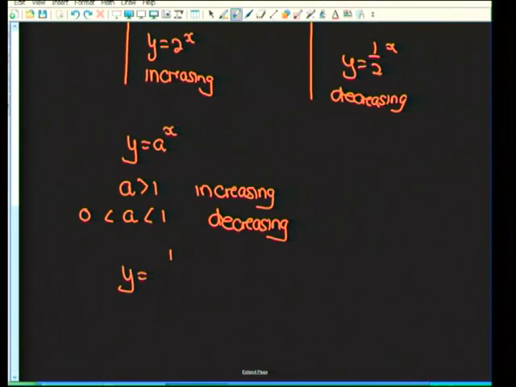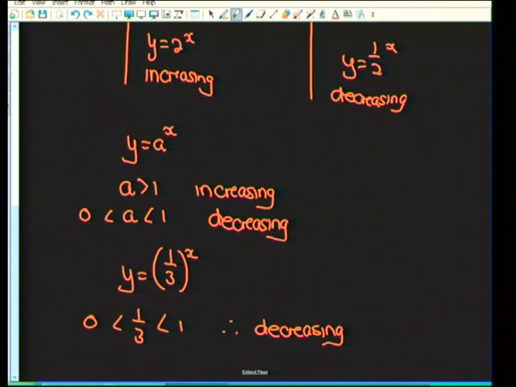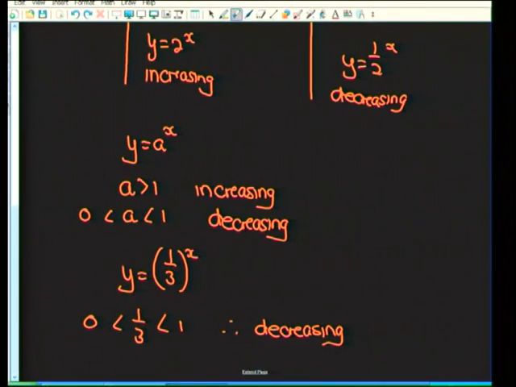We're looking at the graph of y equals a third to the x. A third lies between 0 and 1, therefore decreasing. That would be my reason. I have qualified that my a value has decided for me where I must be. All right, so in the light of that, that's the question answered.